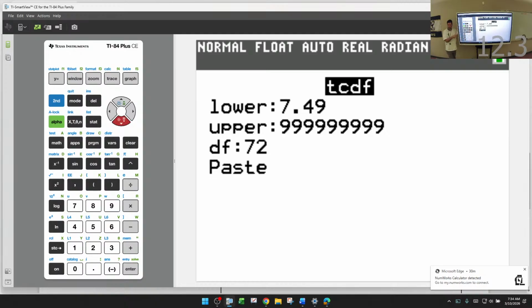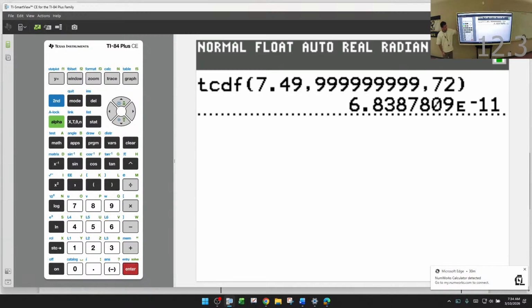That will almost give you the same answer as normal CDF, because that degrees of freedom is so big. As your degrees of freedom increase, your t-distribution gets more and more like a z. That's the p-value. Please do not put 6.83, right? We already told you it's pretty small, times 10 to the negative 11.